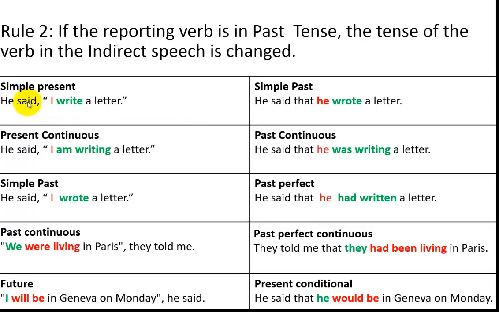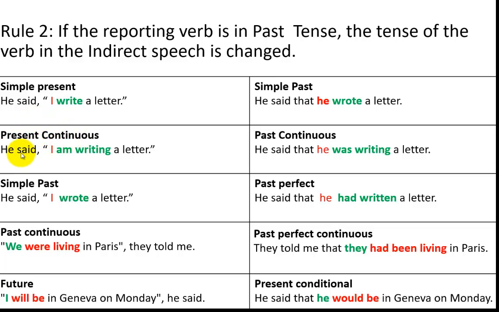Now he said. This "said" is in the past tense. "I write a letter" will change into past tense: he said that he wrote a letter. So if the verb is in the present tense, it will change into past tense.